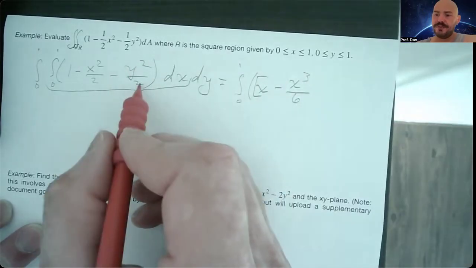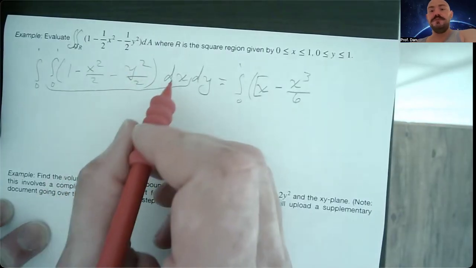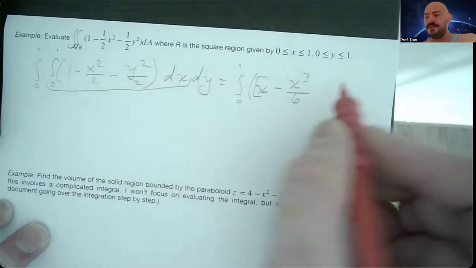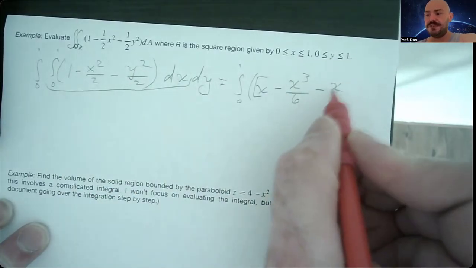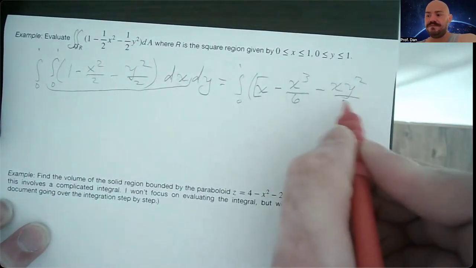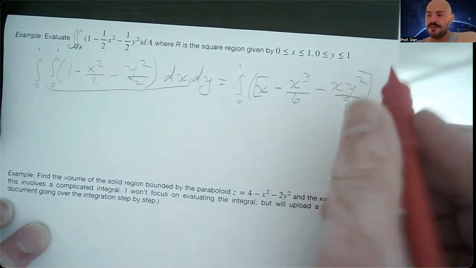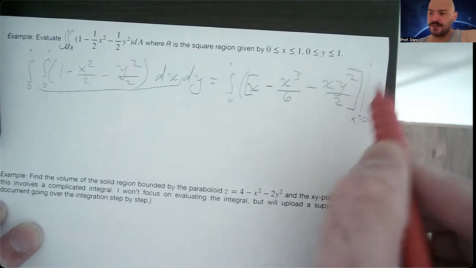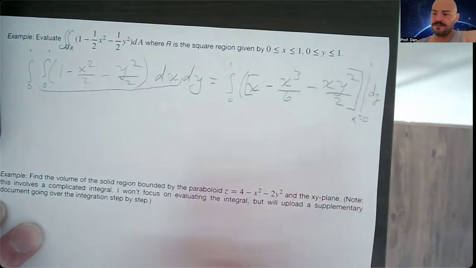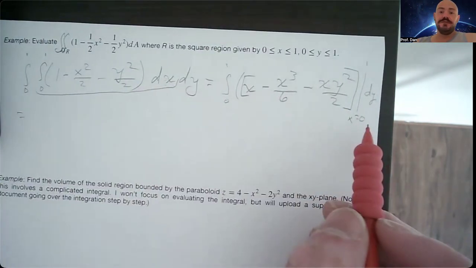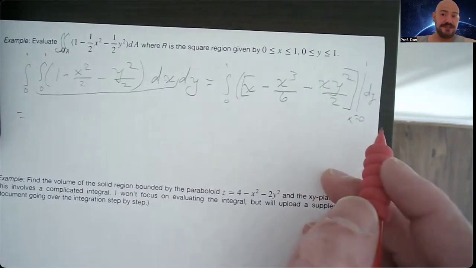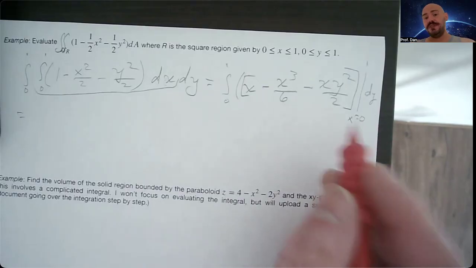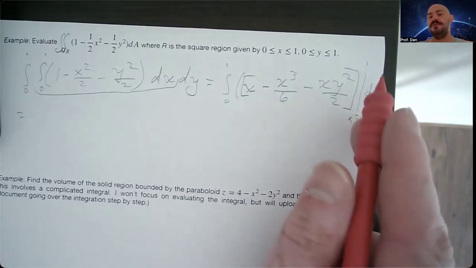And then y squared over 2 is just a number because we're anti-differentiating with respect to x. So the antiderivative will just be x times the number. And we're evaluating this from x equals 0 to x equals 1. Remember, these are only being plugged in for the x. Again, it's very helpful to take up the habit of writing what the variable is when you do your bar thing.